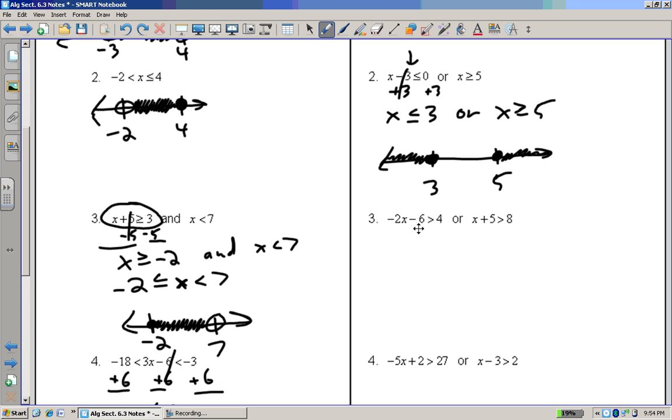Again, number 3, we're going to have to solve each part of our rowboat in the or statement here. Remember, diorama, disjunction, or statement. So we're going to add 6. -2x is greater than 10. Divide by -2. Whoa, what happens? Be careful.